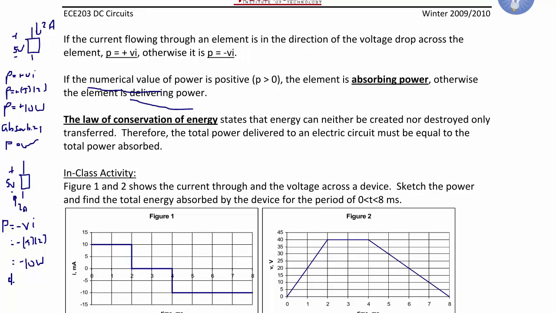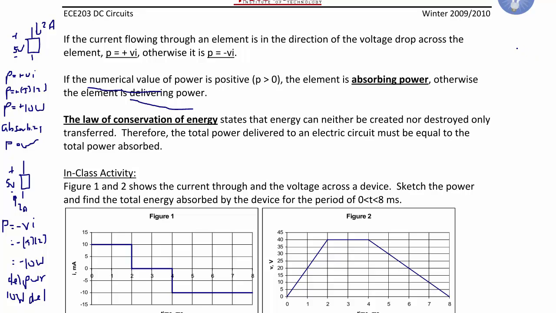So I have to put delivering power, but what you would say is that you have 10 watts delivered. You would never say that you have negative 10 watts delivered because that means 10 watts absorbed. So either you write the words 10 watts delivered or negative 10 watts. Negative 10 watts automatically means 10 watts delivered.